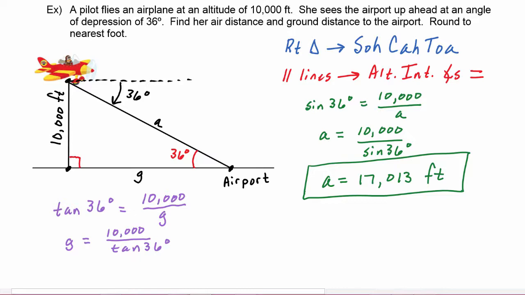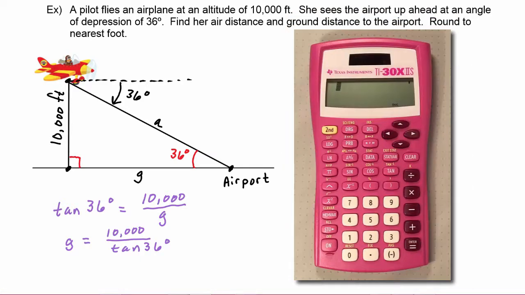And we head over to our calculator. We have 10,000 divided by the tangent of 36 degrees, hit enter, and rounded to the nearest foot, we see we're going to get 13,764.